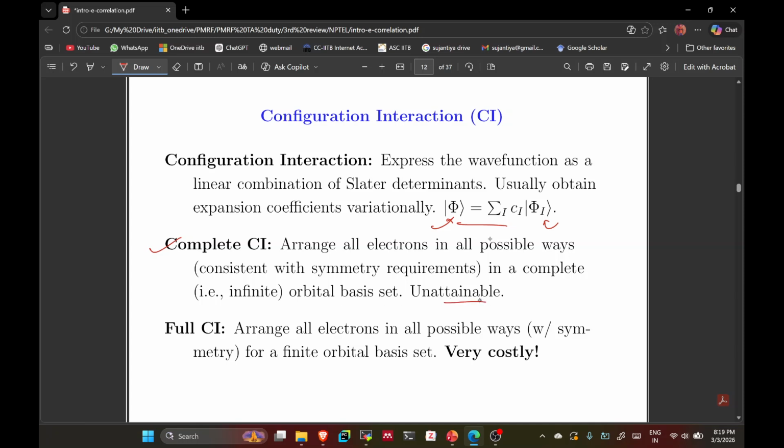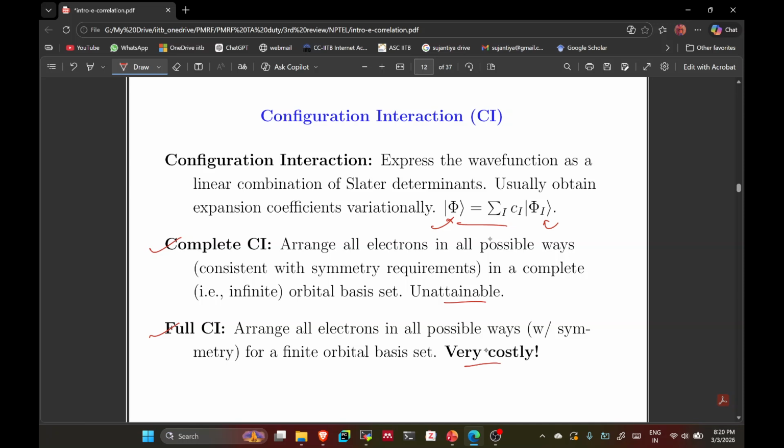I'll give you some numbers on how much it shoots up exponentially. Now what is full CI? Arrange all electrons in all possible ways without the symmetry for a finite orbital basis set. This is also very costly.